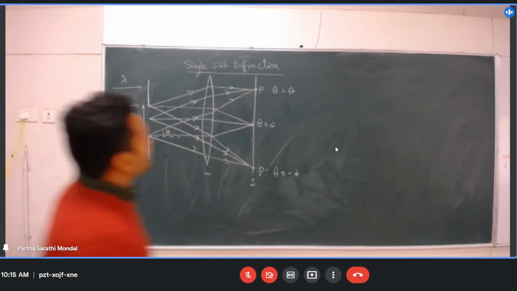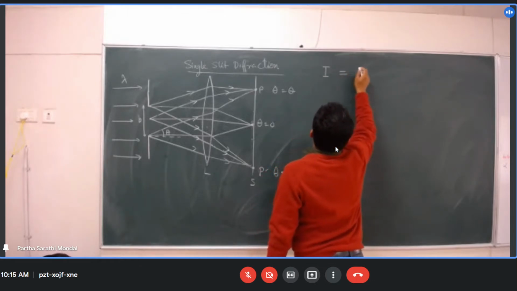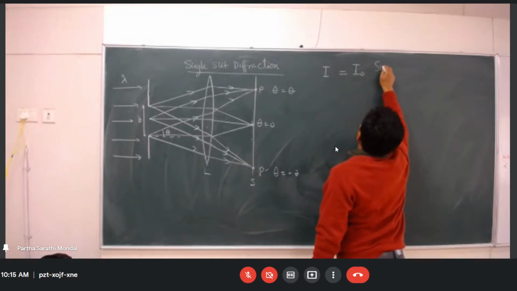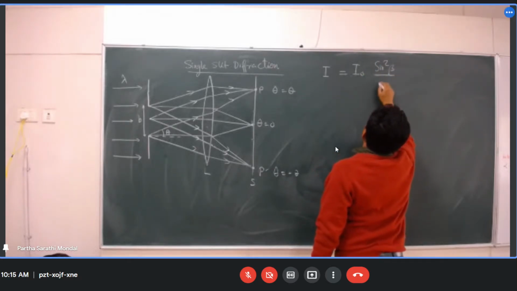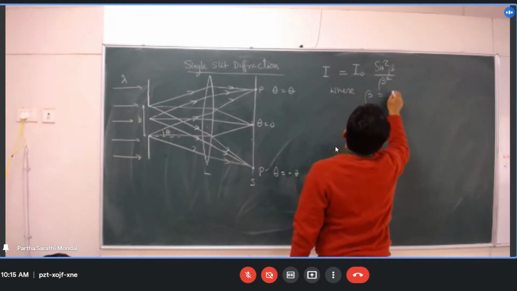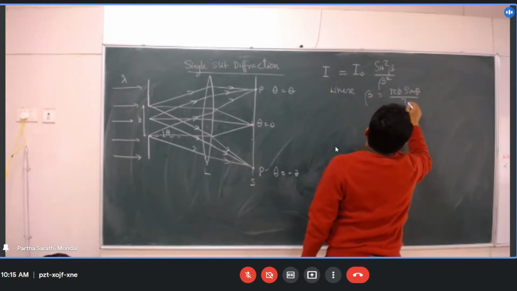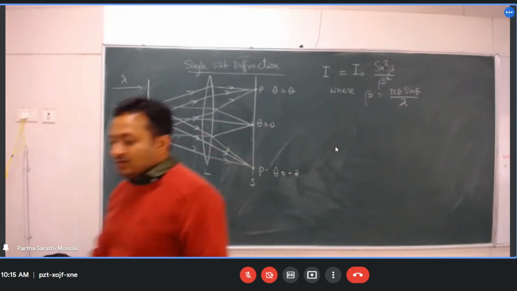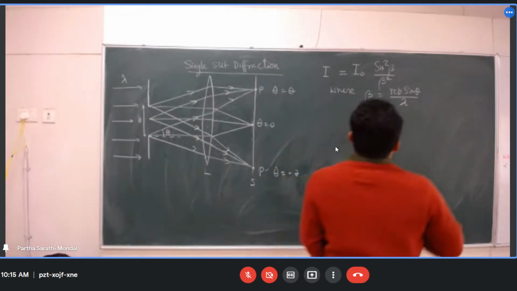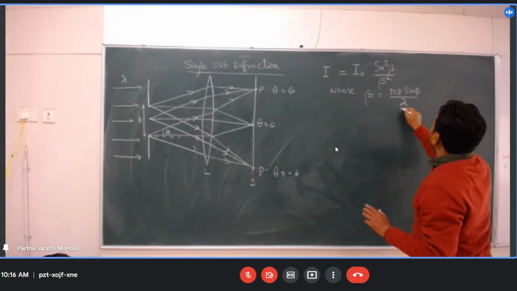Now we know that the intensity at any arbitrary point is I equals I0 sine square beta divided by beta square, where beta equals pi b sine theta divided by lambda. For a particular experiment, pi is a constant, b is the slit width, and lambda is the wavelength of light.